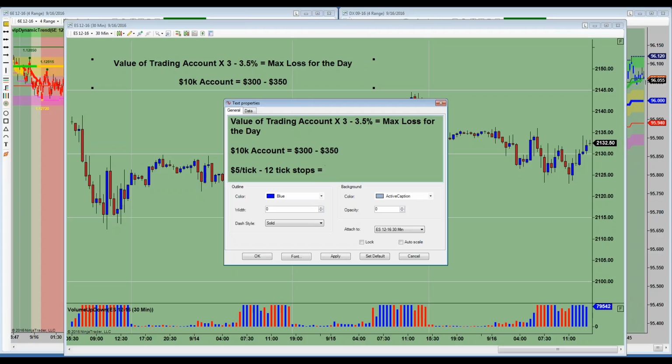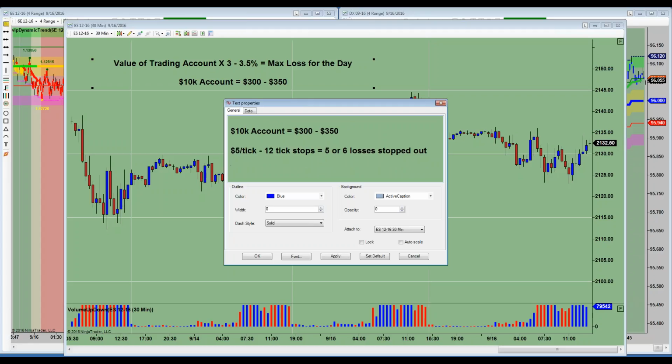So each loss would be about $50, $60, right? Yeah, 5 or 6 consecutive losses with no winners in between before you're stopped out for the day.